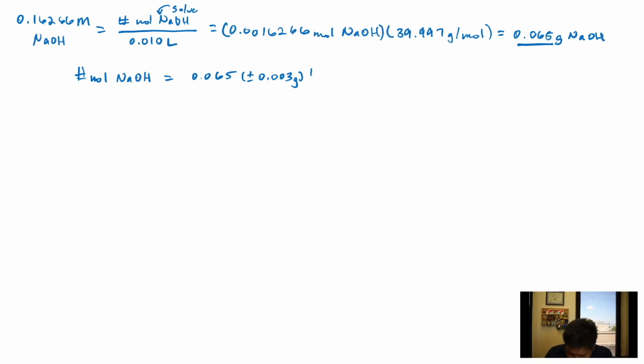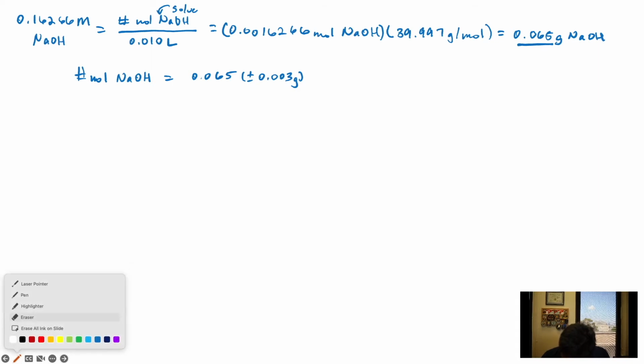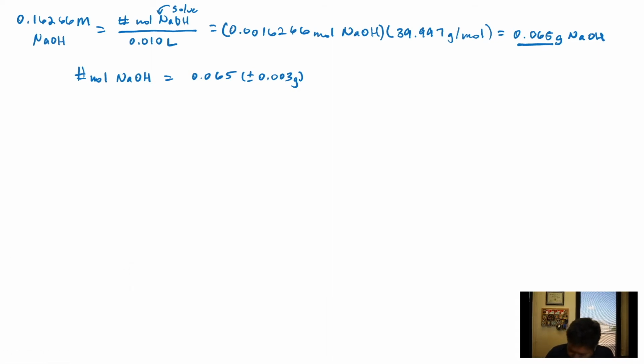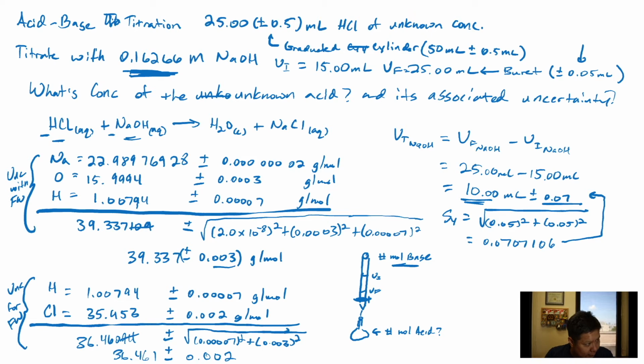That's going to be divided by, I messed up there, my pen glitched on me again. Let me erase that and fix that. Okay, there we go. That's going to be divided by the molecular weight that we got before with its uncertainty, which was right here. The 39.33, and its associated uncertainty.